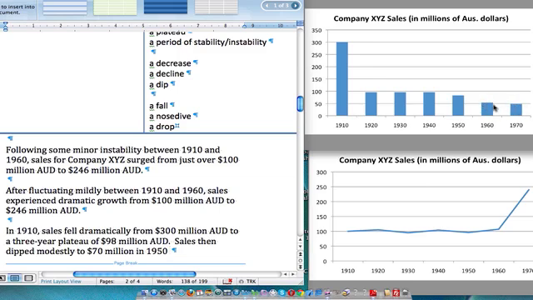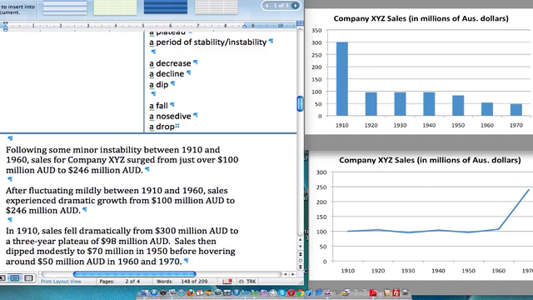So we could say that the value is sort of around 50 million. So we could use perhaps a word like hovering. I should have included that in my list. So before hovering around $50 million, 50 million AUD in 1960 and 1970. Okay, so let's read the whole thing.